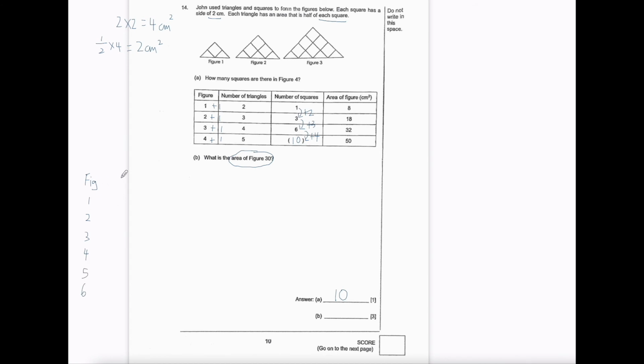I'm just going to do number of squares, because number of triangles is easy to calculate. So it's 1, 1 plus 2, 1 plus 2 plus 3, 1 plus 2 plus 3 plus 4, 1 plus 2 plus 3 plus 4 plus 5.